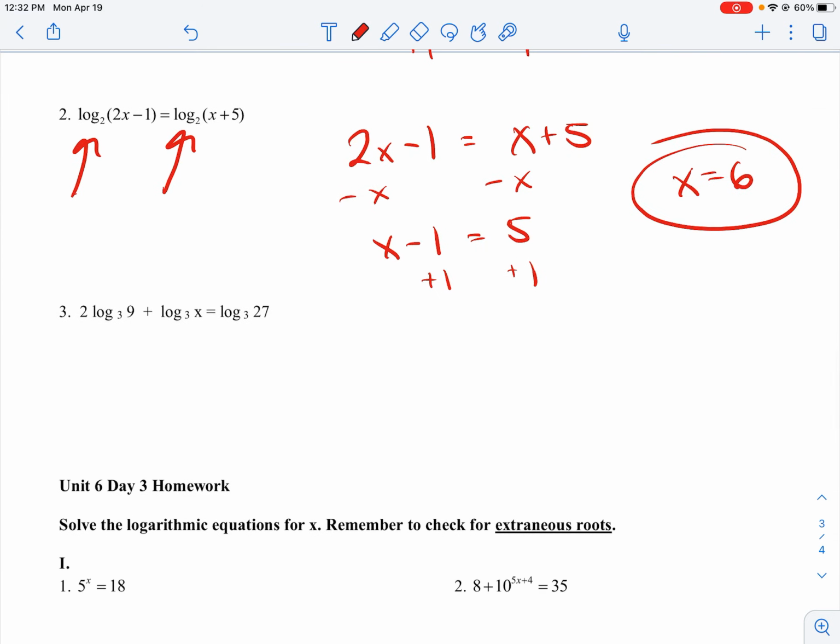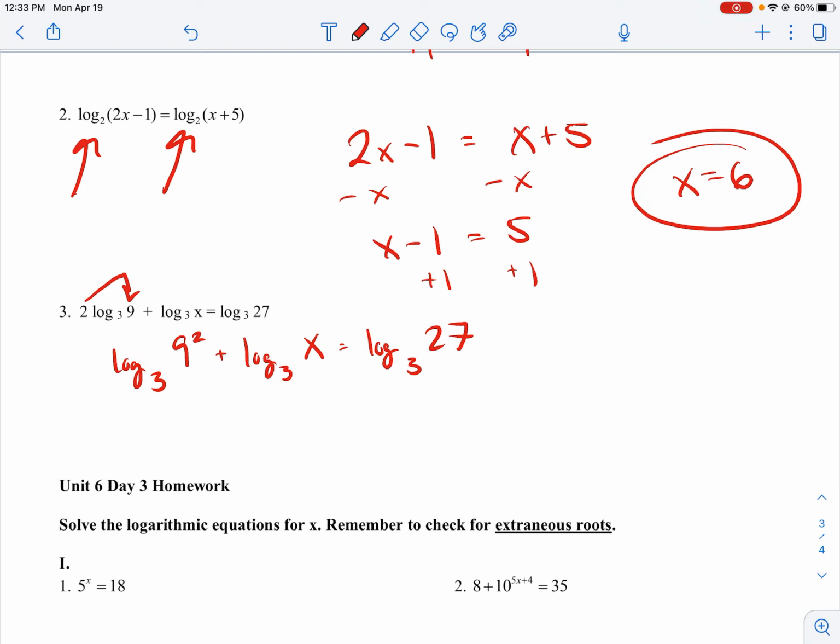And then lastly, we just have to combine these two guys. So first thing I'm going to do is use that power property. I'm going to put that 2 back. So we're going to have log 3 of 9 squared plus log 3 of x is equal to log 3 of 27.